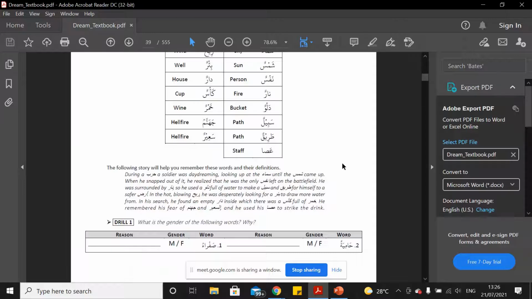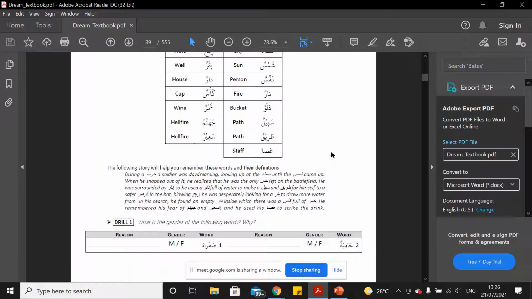So let's read. Sister Samia, can you read the story for us, please? Sorry, Ustad, I've got a crying baby. Oh, okay, sorry. Anyone else? Sister Lipi? Sorry, I can't.